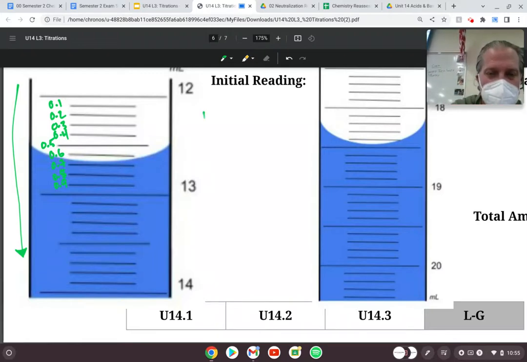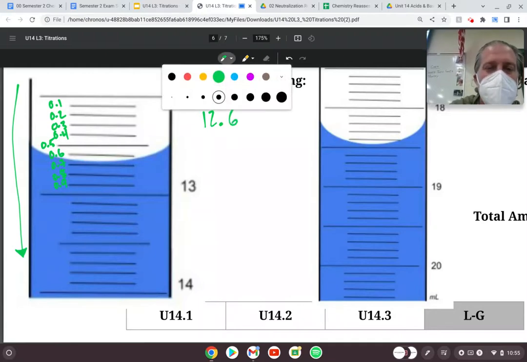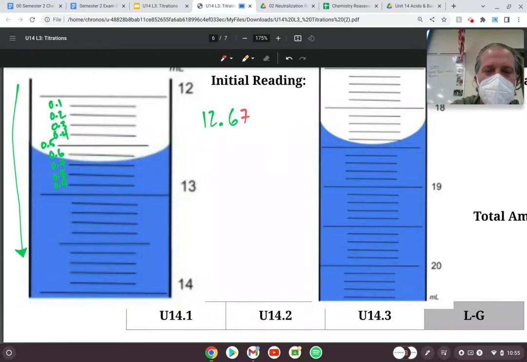So we're going to have 12 point, and when I look at my scale, it's more than 12.6 but less than 12.7. So this is going to be 12.6, and then I'm going to make a guess. And to me, that looks like it's somewhere around 0.67. Okay. And then I'm going to use my unit because we don't want to have a naked number. Now, I'd like to point out that these green numbers here are known or certain values.